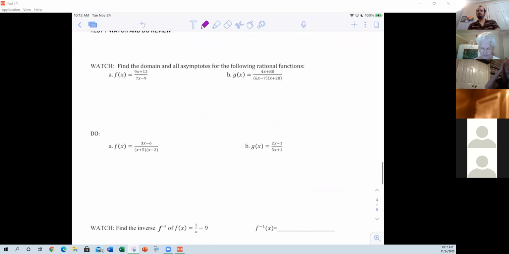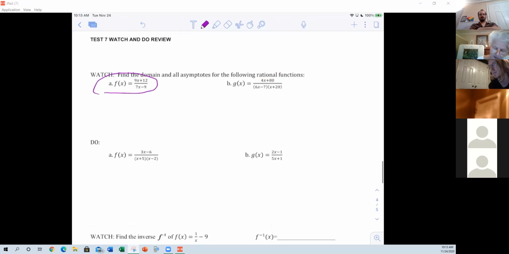Okay, so be careful with some of these. Matthew told me, as he read my test, to make sure to emphasize this, so make sure that you're paying attention right now so that you don't mess up. This first one, if I ask you for the domain and all the asymptotes, remember for the domain, you always set the denominator not equal to 0, or you can set it equal to 0, but remember that that's the number it can't be.